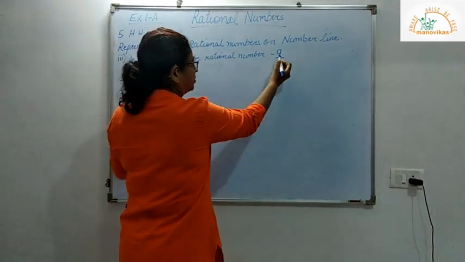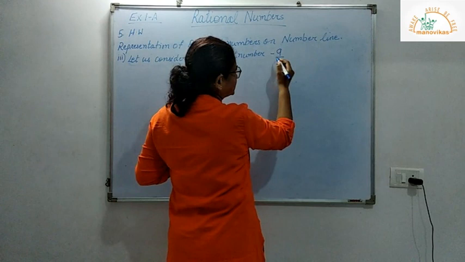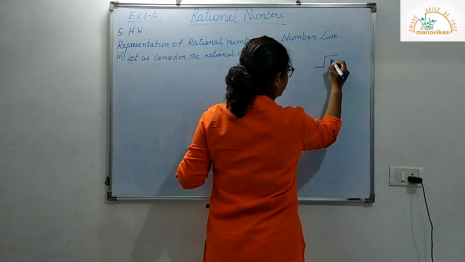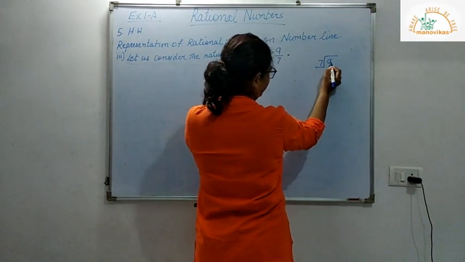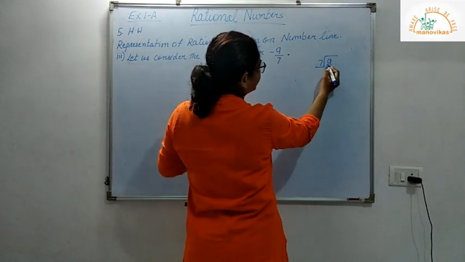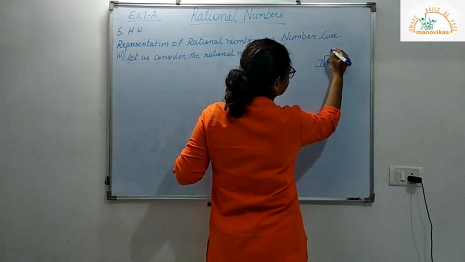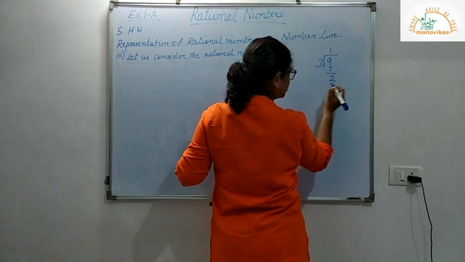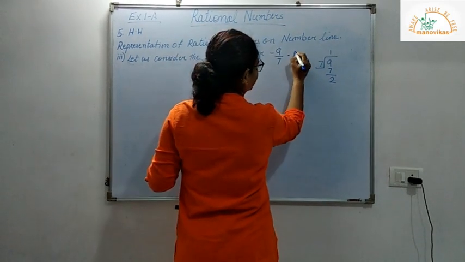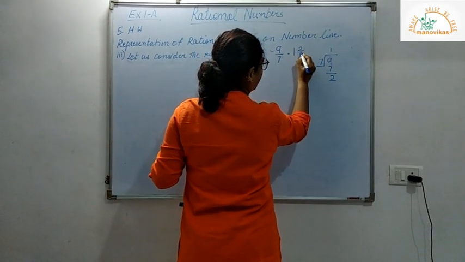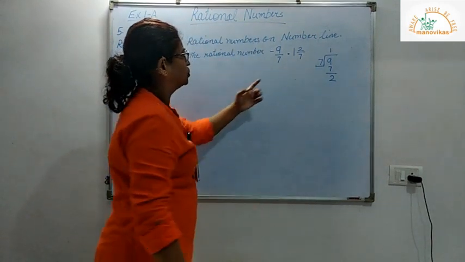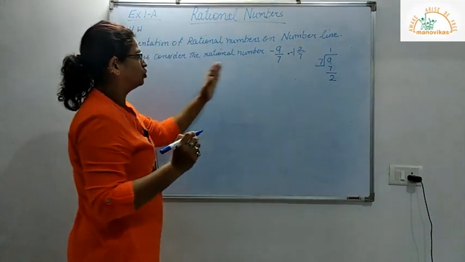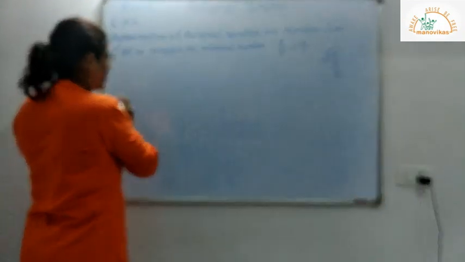When we express this as a mixed fraction, we divide 9 by 7. 7 ones are 7, and I get the remainder as 2. So we get it as 1 2/7. It has a negative sign, so it is going to fall on the negative side of the number line.